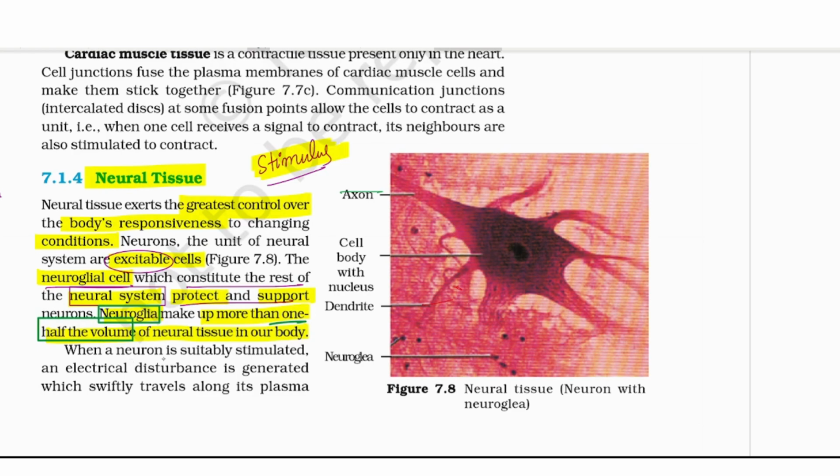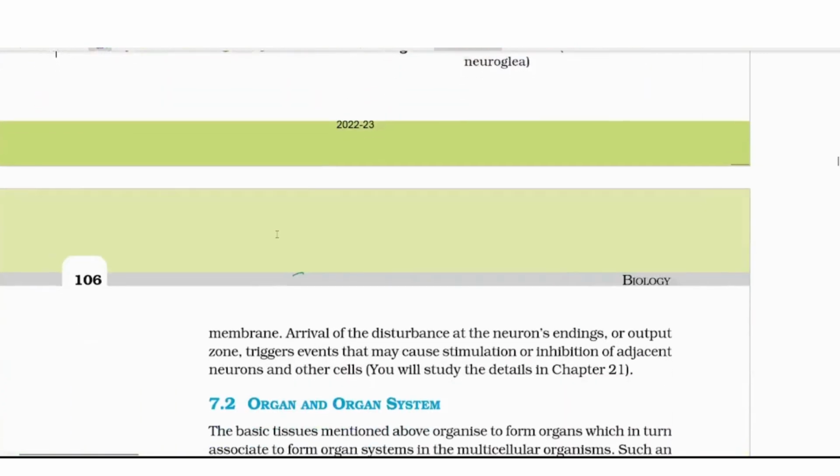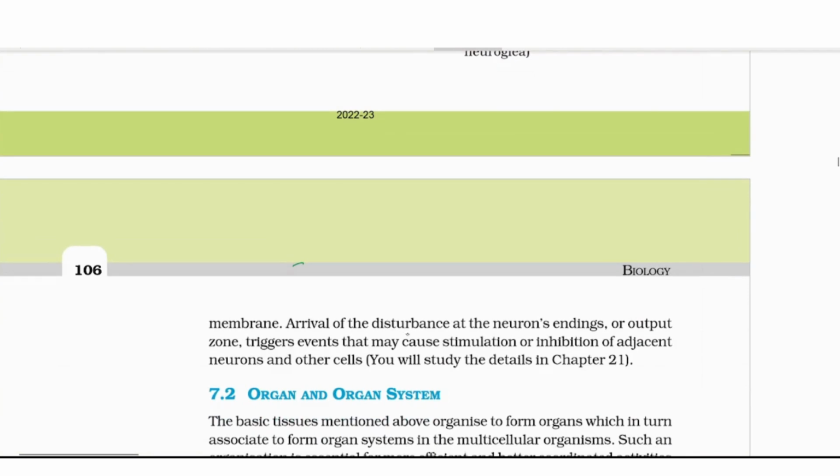That is important. And when a neuron is suitably stimulated, meaning when the signal comes, an electrical impulse, meaning an action potential, is generated, which swiftly travels along its plasma membrane, and arrival of the disturbance at the neuron ending or output zone will trigger an event that may cause stimulation or inhibition.